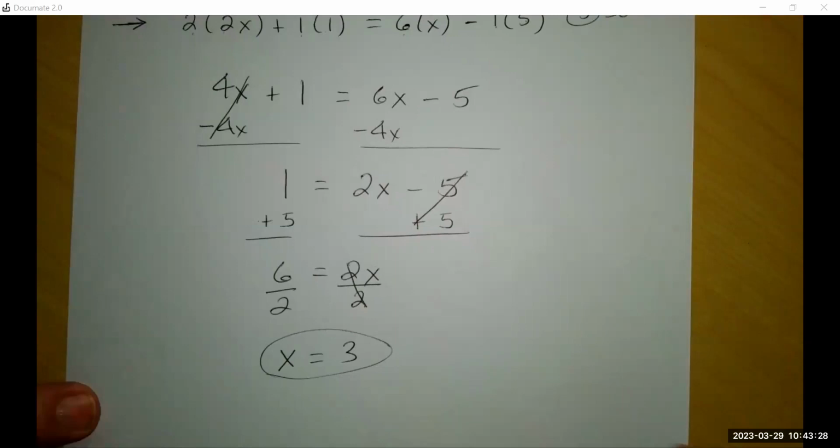Let's look at number 63. Let's just jump in the deep, or let's do number 62 first. Let's jump in the middle of the pool.